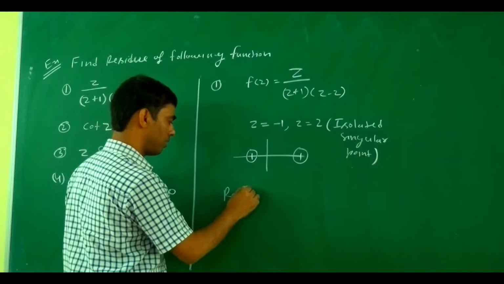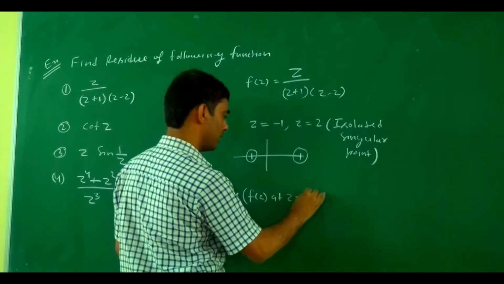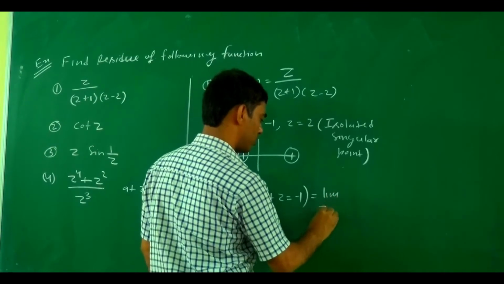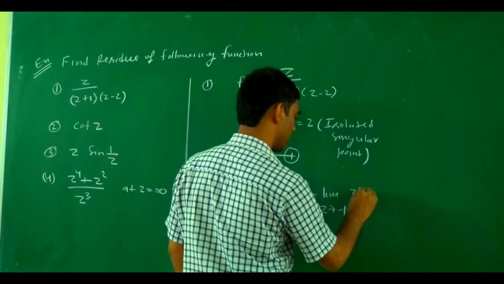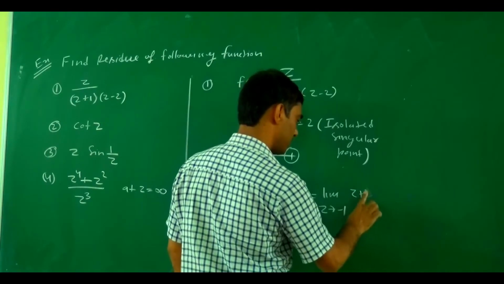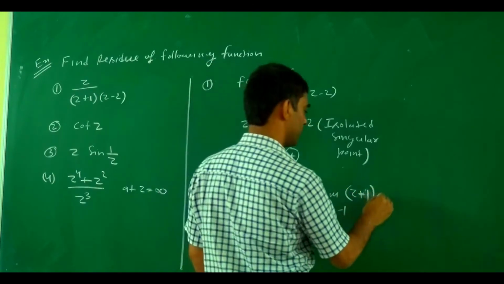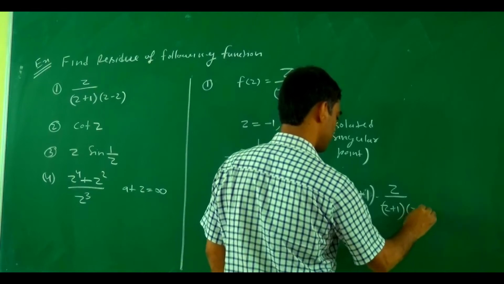If z equal minus 1 is a pole of order 1, then what is the residue? The residue of f(z) at z equal minus 1 is the limit as z tends to z0, which is minus 1, of (z plus 1) into f(z). f(z) is z divided by (z plus 1)(z minus 2).